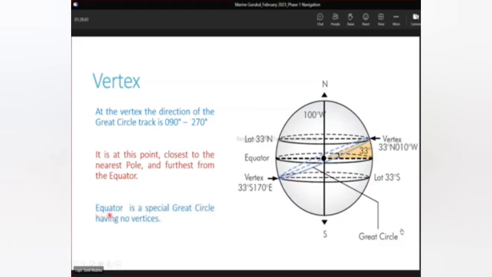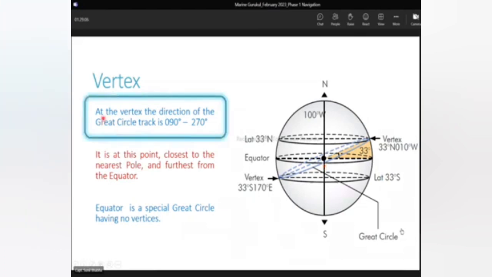Now considering the equator, the equator is a special great circle having no vertices. Every point on the equator is at 0-degree latitude. So when you are moving on the equator, there is no point having a highest latitude. Every point is at 0-degree latitude. So the equator is a special great circle having no vertices.